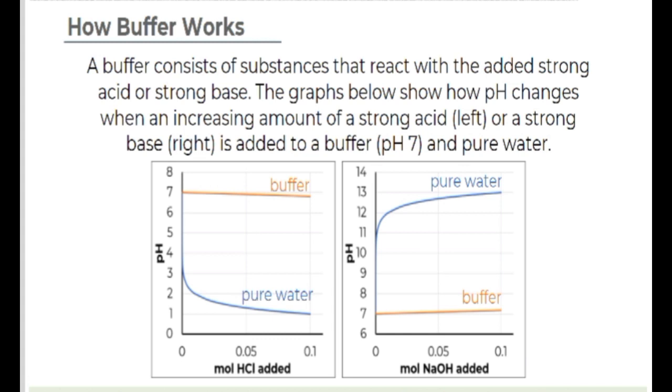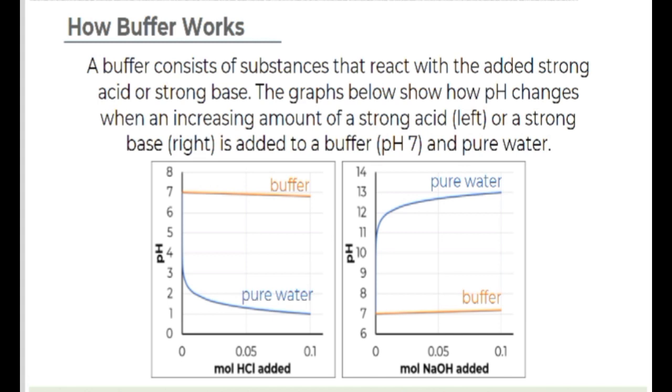So, how does a buffer work? A buffer consists of substances that react with the added strong acid or strong base. The graphs below show how pH changes when an increasing amount of a strong acid, which we see on the left, or a strong base, we see on the right, is added to a buffer with a pH of 7 and pure water, whose pH is also 7.